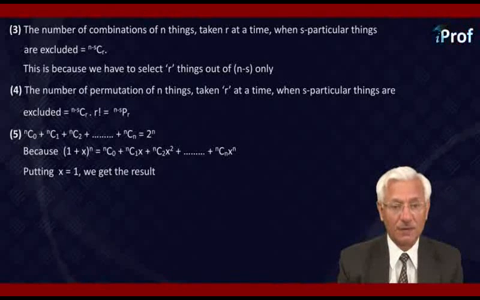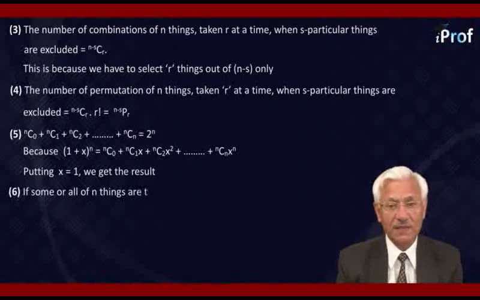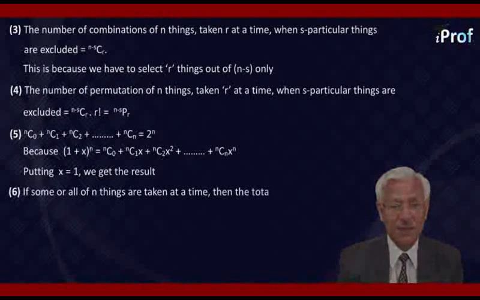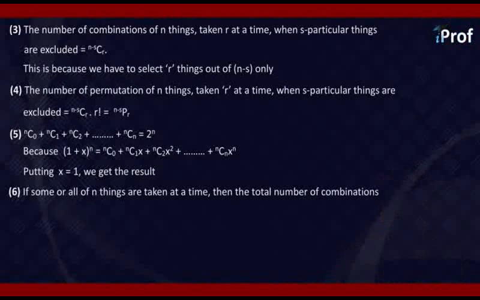We get the result as 2 raised to power n equal to nC0 plus nC1 plus nC2 plus so on up to nCn. If some or all of n things are taken at a time, then the total number of combinations will be nC1 plus nC2 plus so on up to nCn, which is equal to 2 raised to power n minus 1, using the above result which we had discussed in 5.